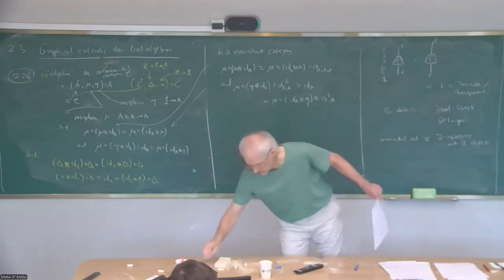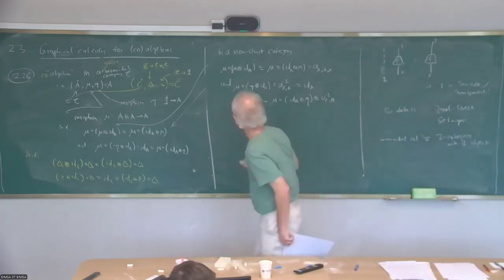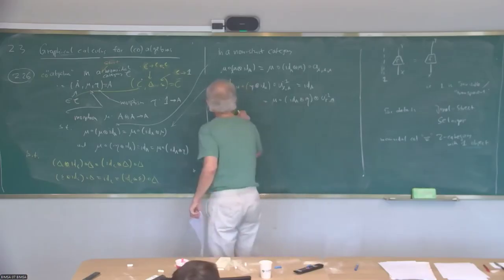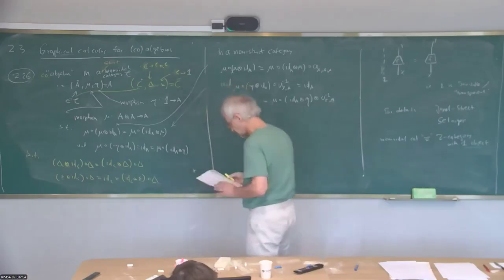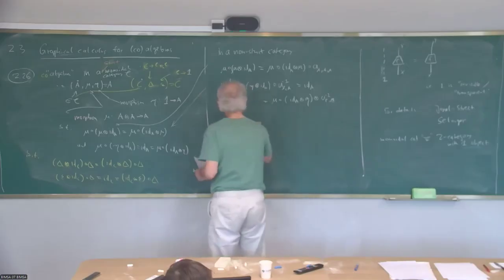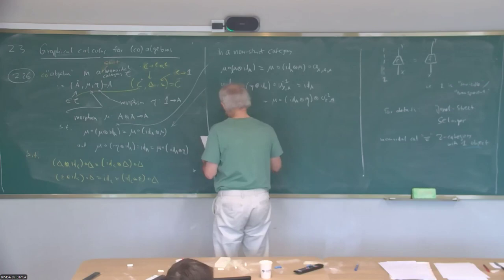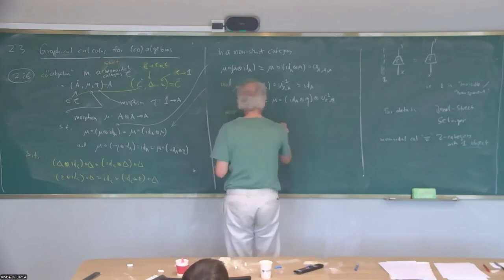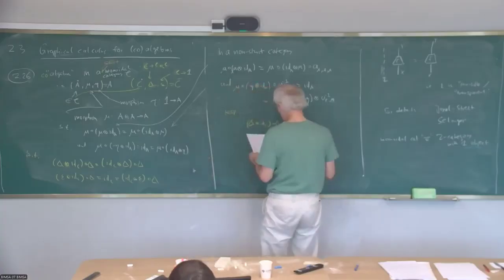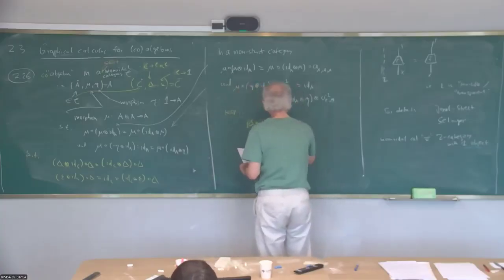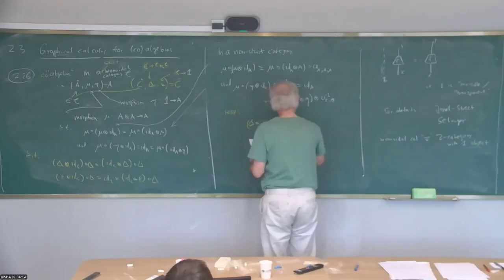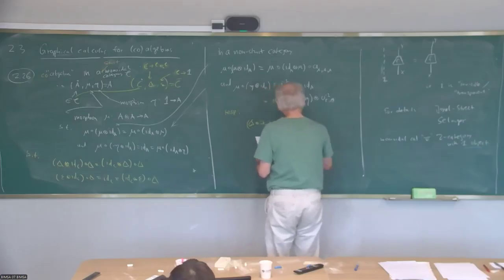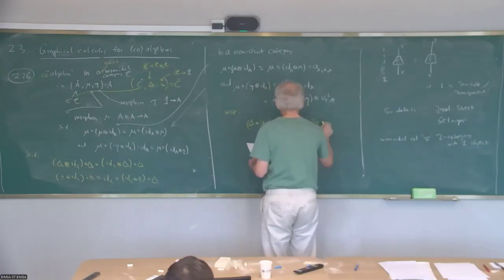And analogously, in the case of co-algebras, we would have delta tensor identity on C composed with delta cannot be the same as identity on C tensor delta composed with delta.